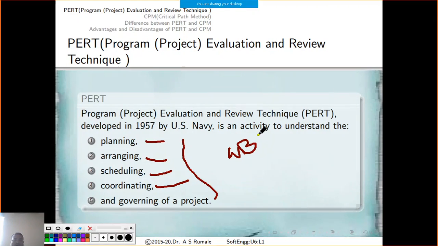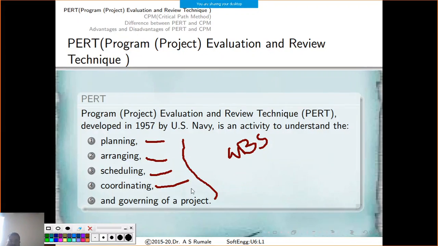Okay, work breakdown structure. So here the entire software project, WBS, is broken down into smaller activities, and then those activities get arranged in such a fashion that the entire software development needs to happen within a stipulated time. Now what is stipulated time?